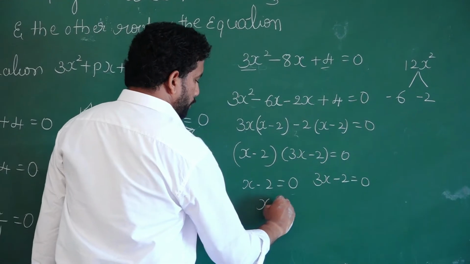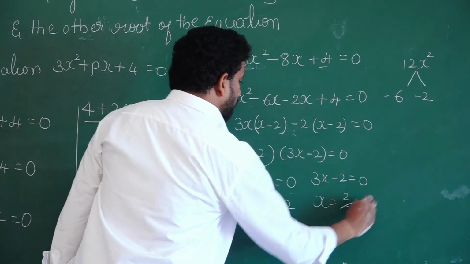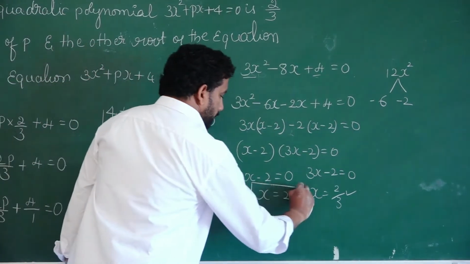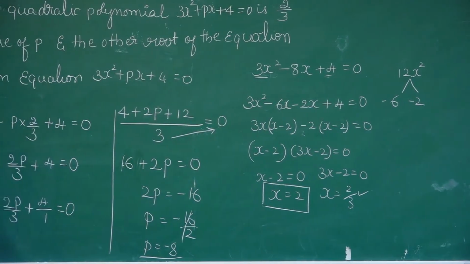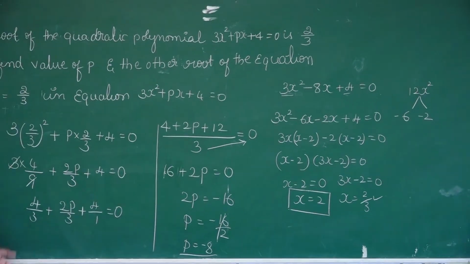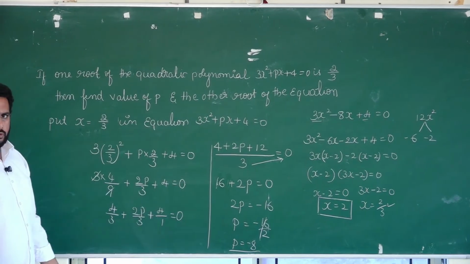Here x is equal to 2 or x is equal to 2 by 3. So we already got this root. 2 by 3 is one root, and the other root is 2. So like that we can find the value of p and also the other root of the equation.